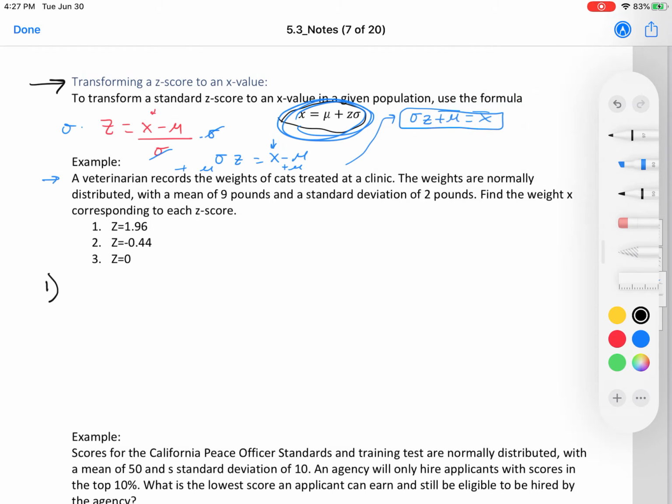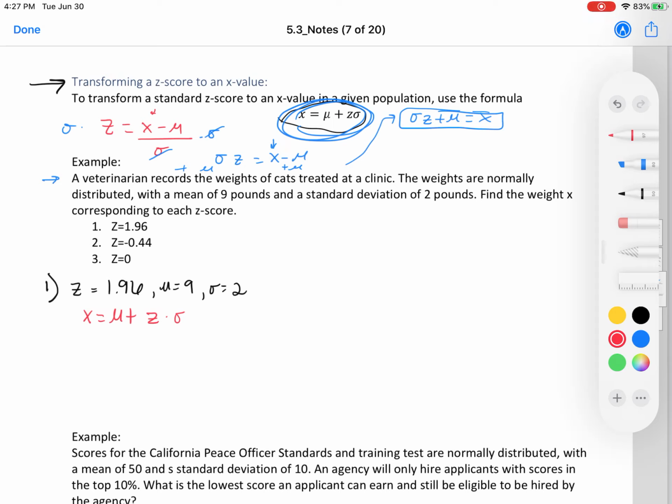For 1, we have a z-score of 1.96, a mean of 9 and a standard deviation of 2. Well, I have a formula. Our formula is x equals mean plus z times sigma.